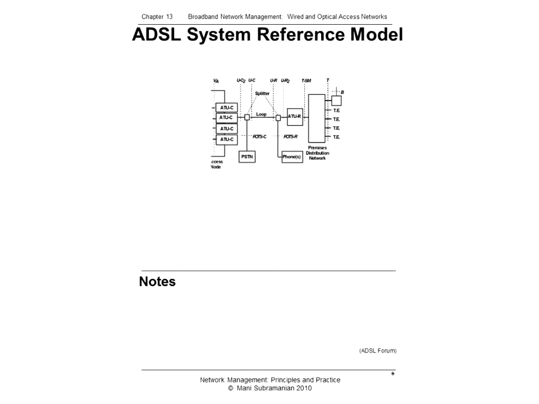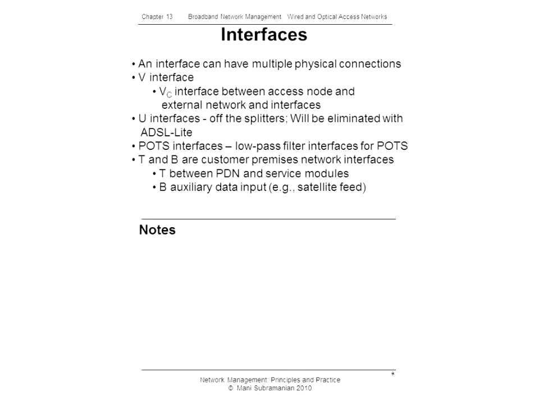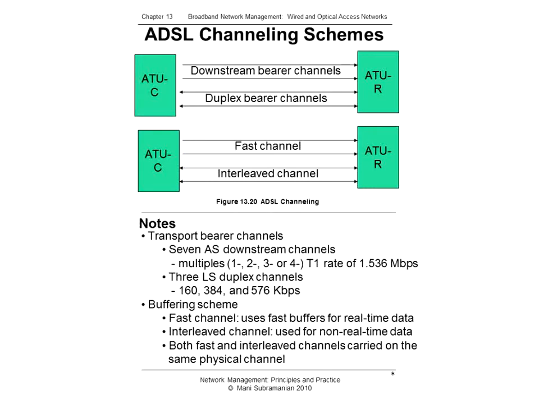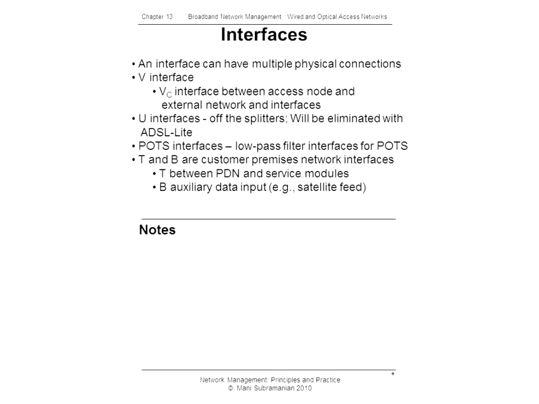Here you can see we have these interfaces between the access node and the network, and it is usually a physical interface. An interface can have multiple physical connections.